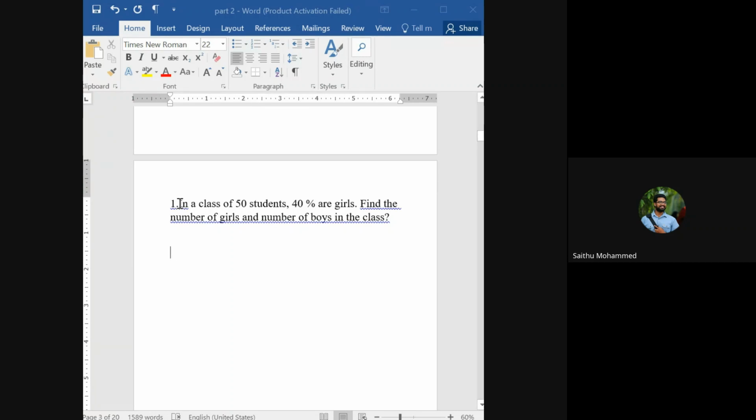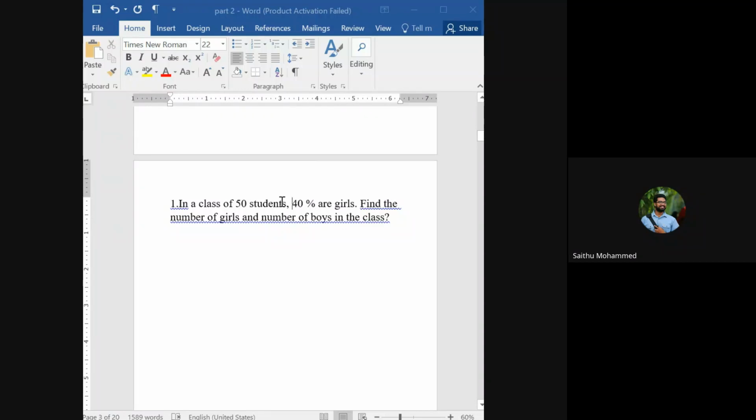First we will understand what the question is all about. In a class of 50 students, 40% are girls. So what we have to think is: what is our 100% here? The 100% here is the 50 students in that classroom, right? So what is given in the question?